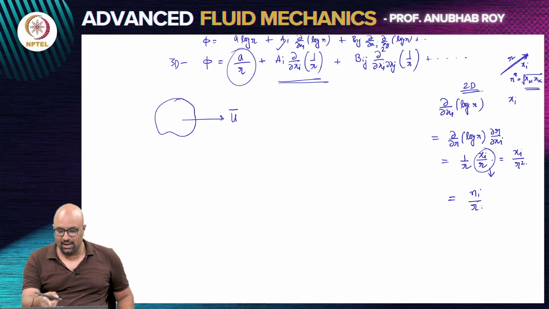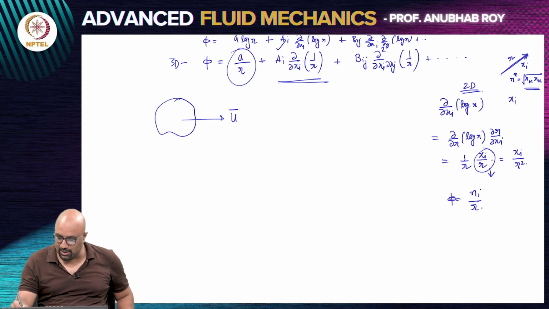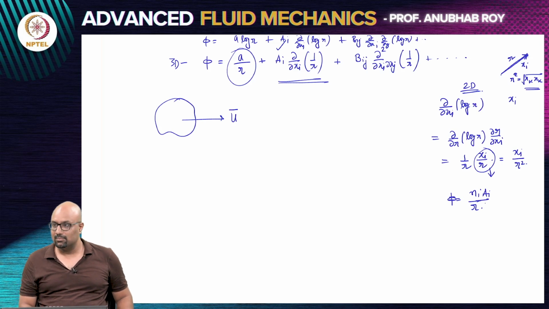So, now if you see in terms of this constant that you have the potential, if you write down that potential, this is Ai Ni by R, this particular potential. Now, what equation are you solving?